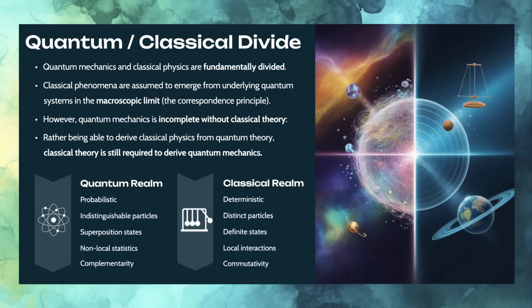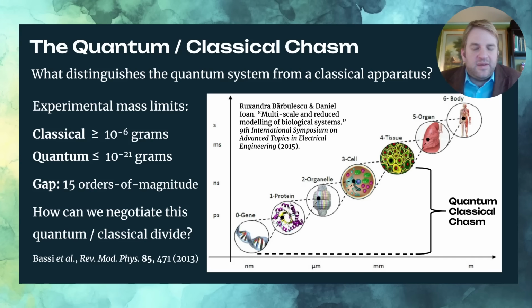But we can think of systems that bridge the gap between quantum and classical. Classical systems, according to one estimate by Bassi and co-workers in Reviews of Modern Physics, can be trusted for objects on the scale of micrograms or larger, objects as heavy as 10 to the minus 6 grams or bigger.